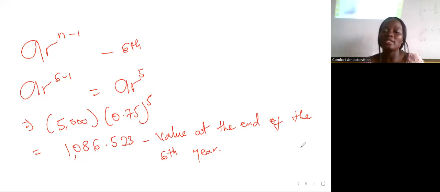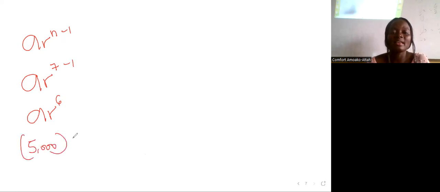The value we are going to get, that was the question. So AR exponent n minus 1, giving us AR exponent 7 minus 1. So AR exponent 6. Then we do a simple substitution. So this is giving us 5,000 times 0.75 exponent 6.